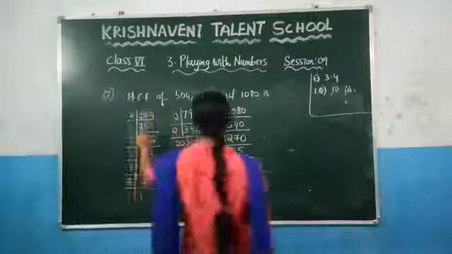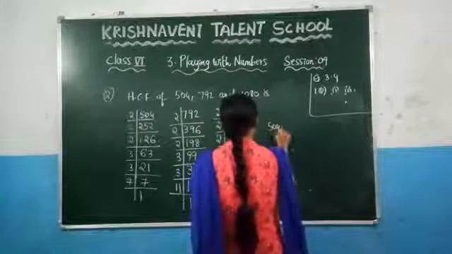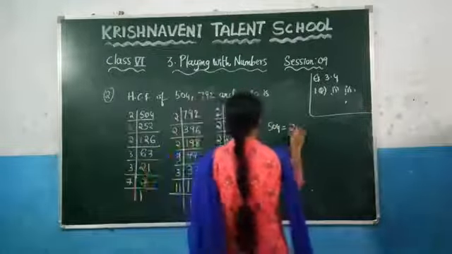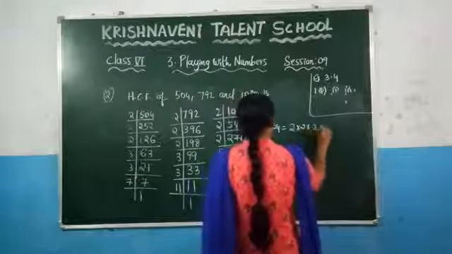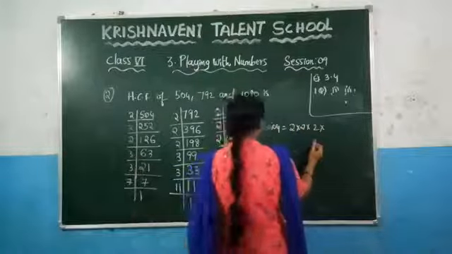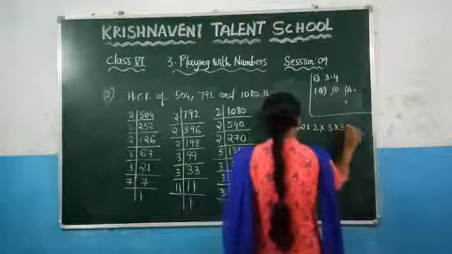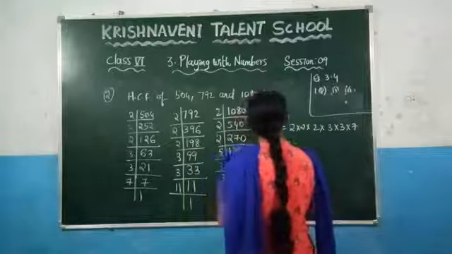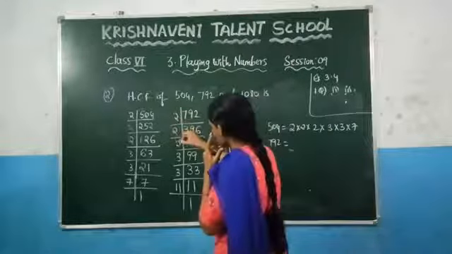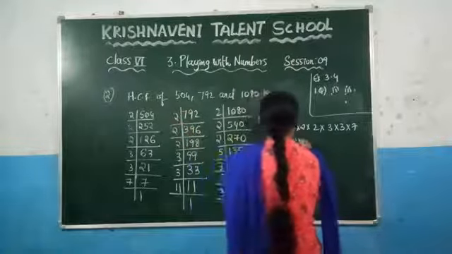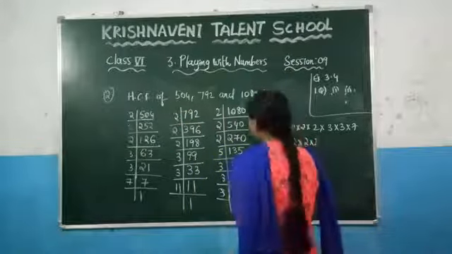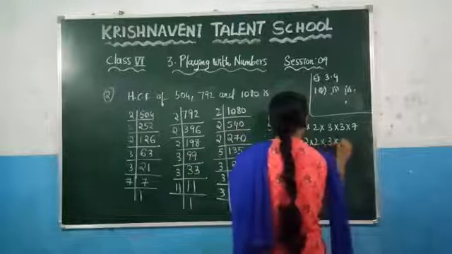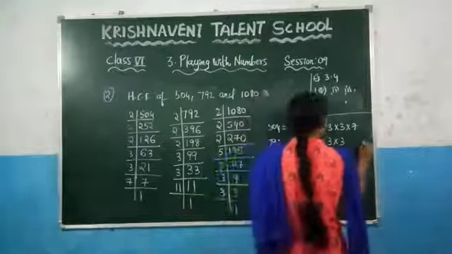So like this, how can you write 504? How many 2s are there? 3 2s. Write it here 2 into 2 into 2, and how many times is 3 there? 2 times. 3 into 3 into 7. Now write 792. So how many 2s are there here? 1, 2, 3. So write it here 2 into 2 into 2, and after that how many 3s are there? 2 3s. 3 into 3 and 11 is there 1 time.